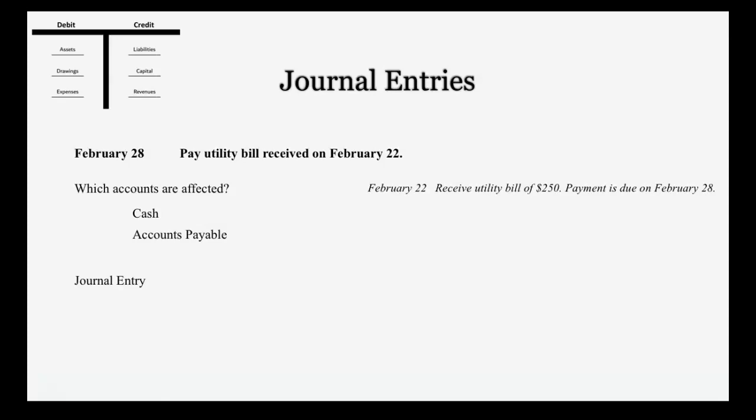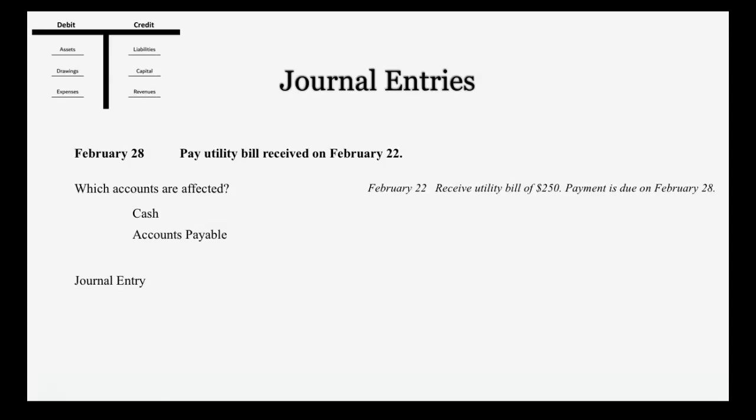So your cash is decreasing, and to decrease an asset, we have to credit that account. Accounts payable is also going to be decreasing here, because we will owe less money after we make this payment.